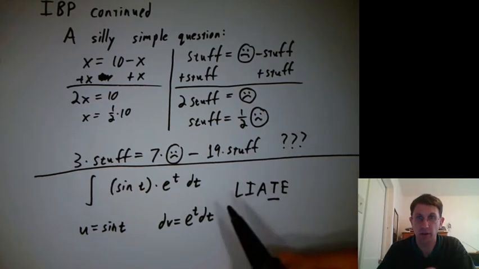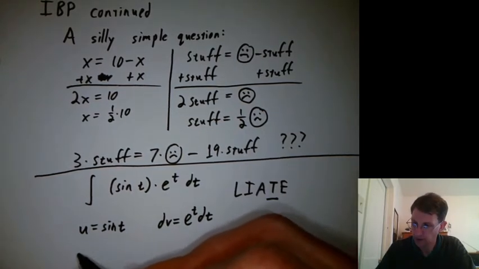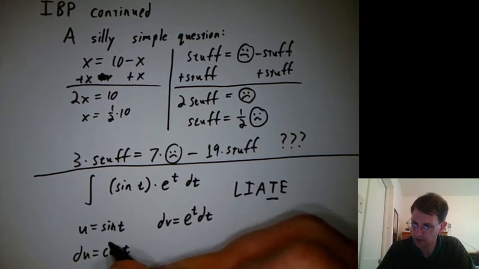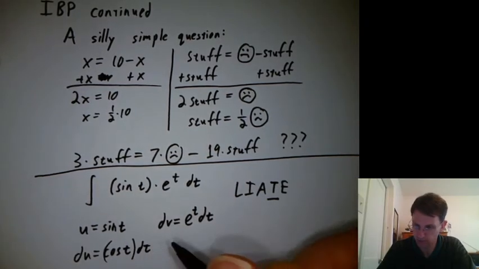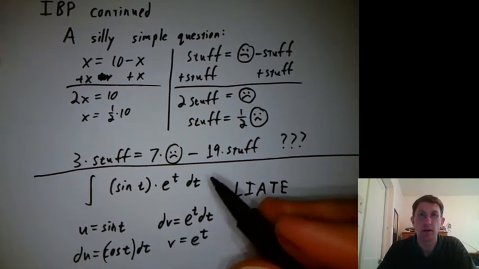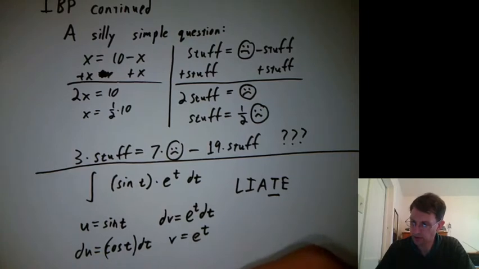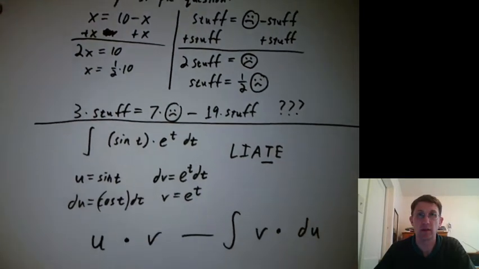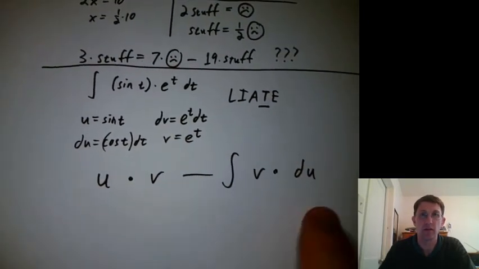So go ahead and do the next part. So we have du equals cosine t dt, and v equals e to the t. And then let's write the integration by parts formula. u times v minus the integral v times du. So go ahead and fill that in.